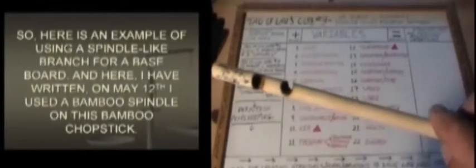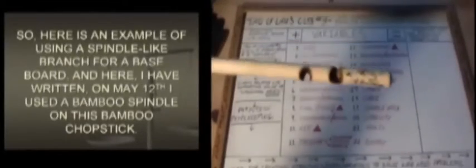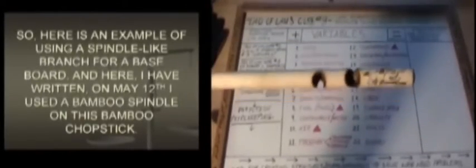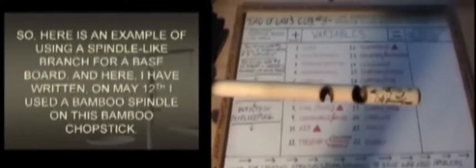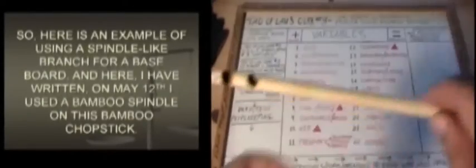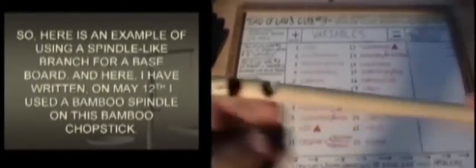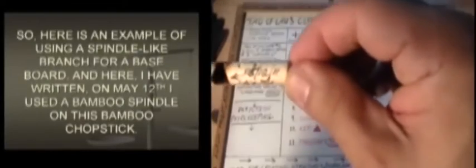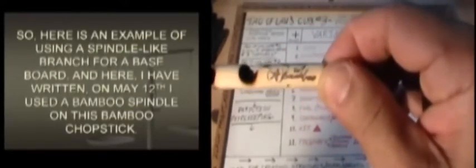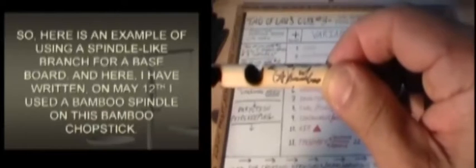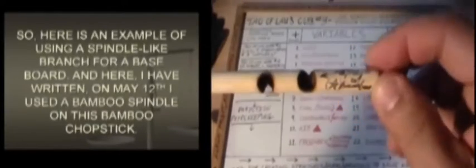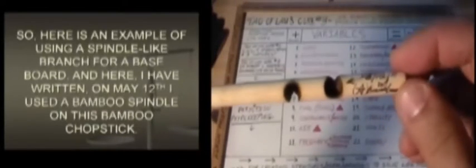So here is a close-up example of using a spindle-like branch for a base board. And here I have written that on May 12th I used a bamboo spindle on this bamboo chopstick.